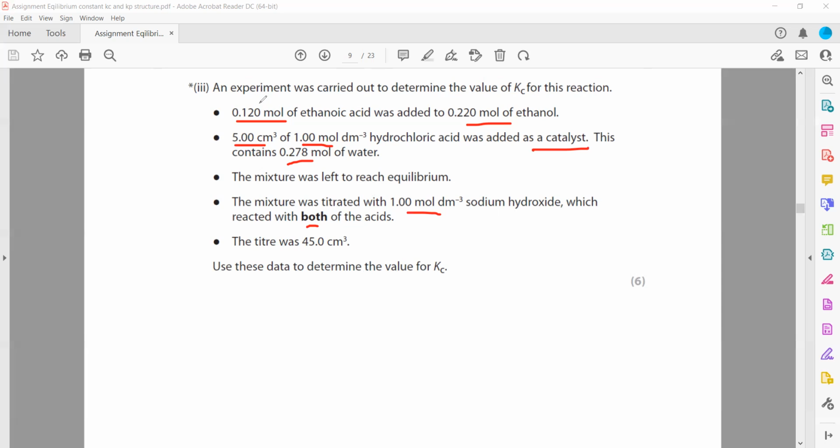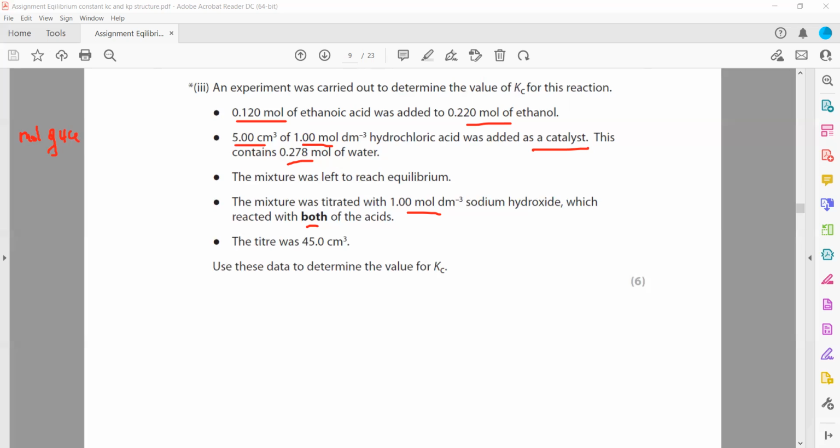So these are the initial moles: 0.12 moles of ethanoic acid and 0.220 moles of ethanol. And we have hydrochloric acid there. So first we'll find how many moles of HCl are there. Moles equals concentration into volume.